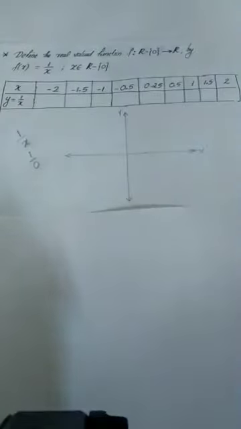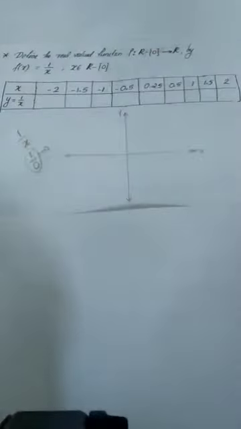Because look at here, the function is f of x equal to 1 by x. If you let x equal to 0, what will it become? It is 1 by 0. What is 1 by 0? It is not defined. 1 by 0 is not defined.